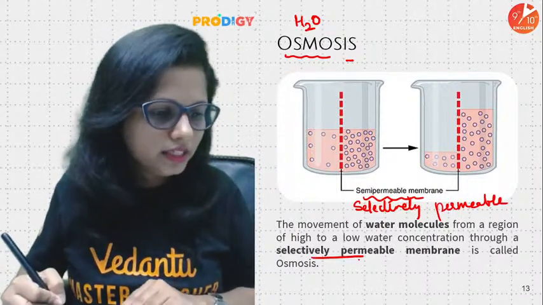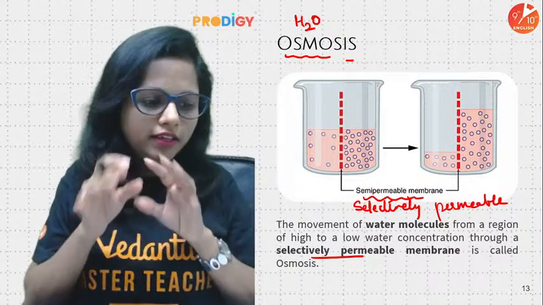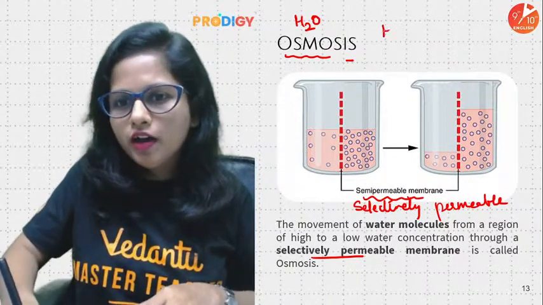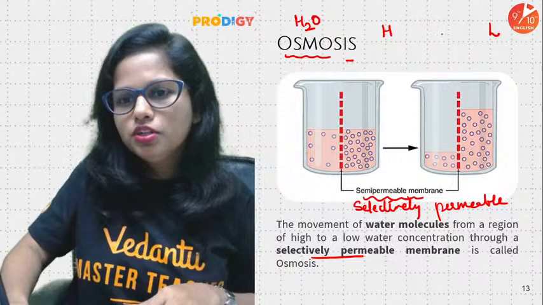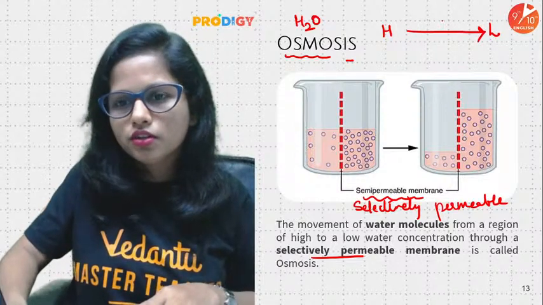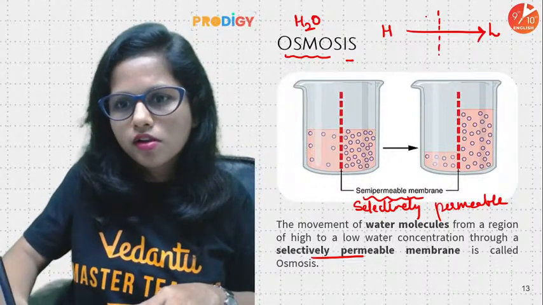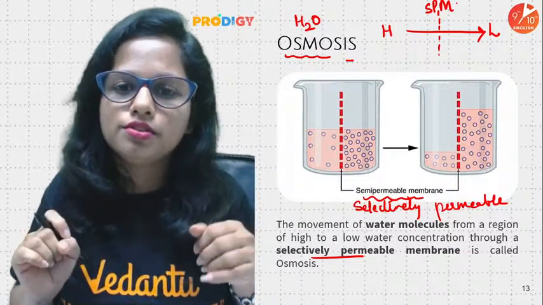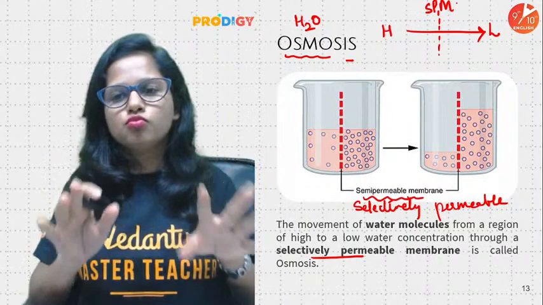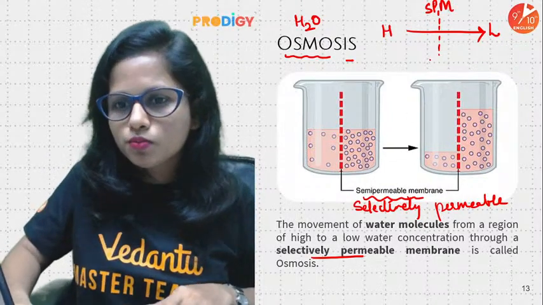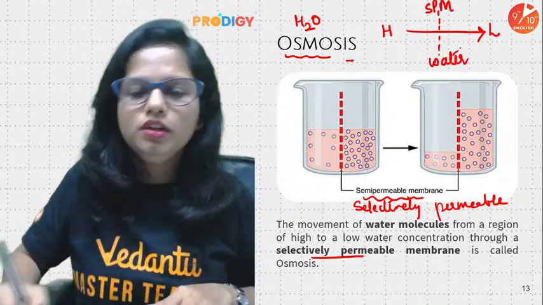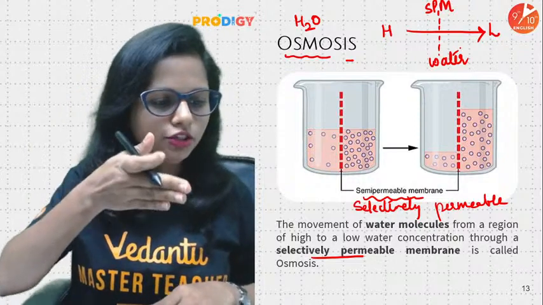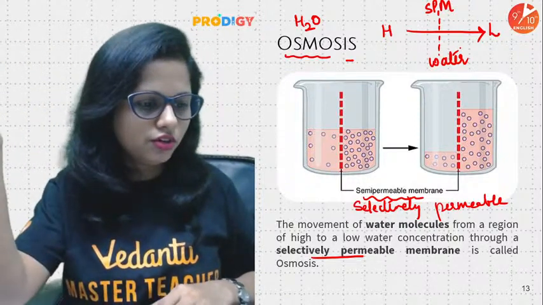When things move from a region of high concentration to a region of low concentration through a semi-permeable membrane, such a process is known as osmosis. So in osmosis, water will move from a region of high concentration to a region of low concentration.